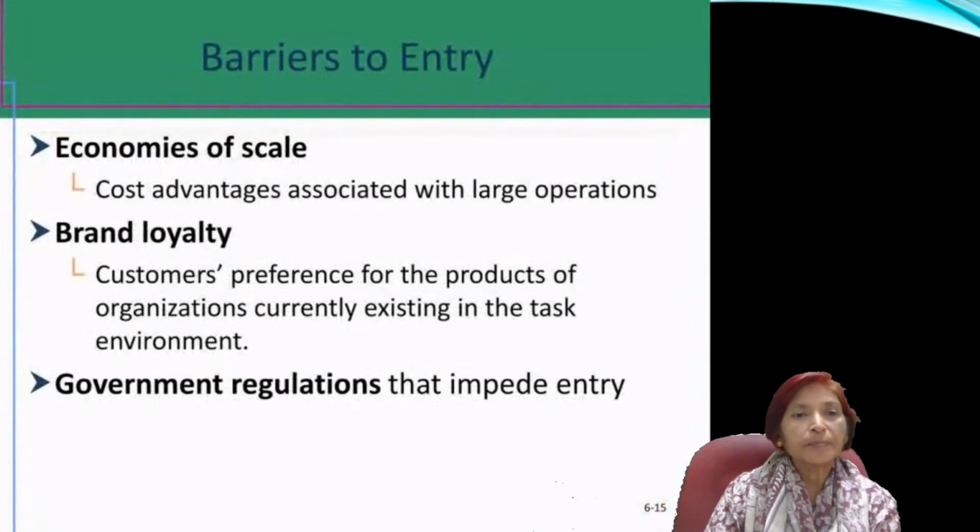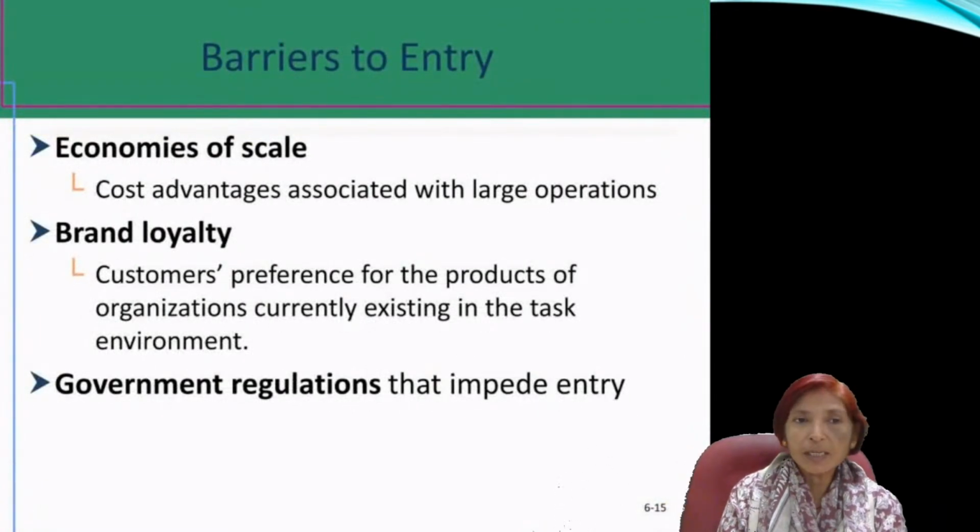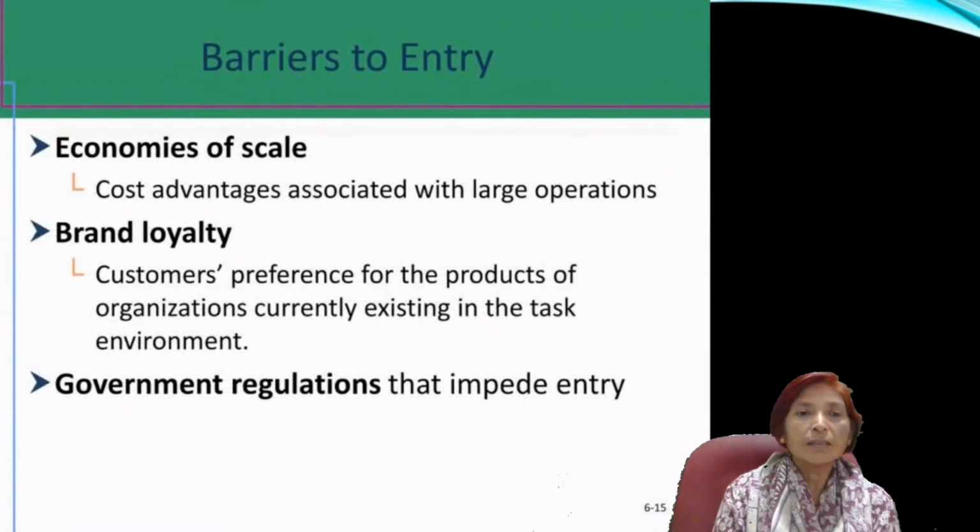Now next is economies of scale. Economies of scale are the benefits or advantages of producing goods and services on a large scale. Because if a seller is producing on a large scale in a long run, then the producer can get so many advantages.